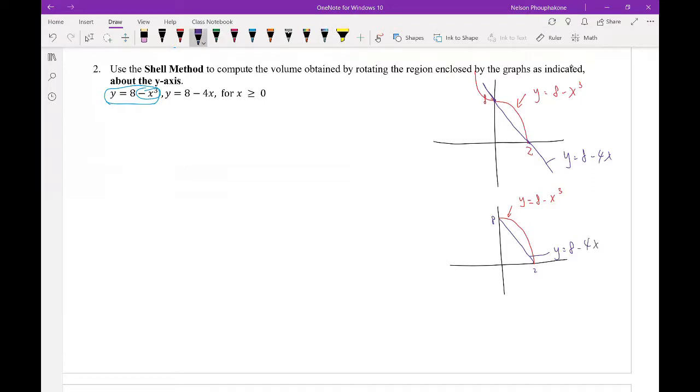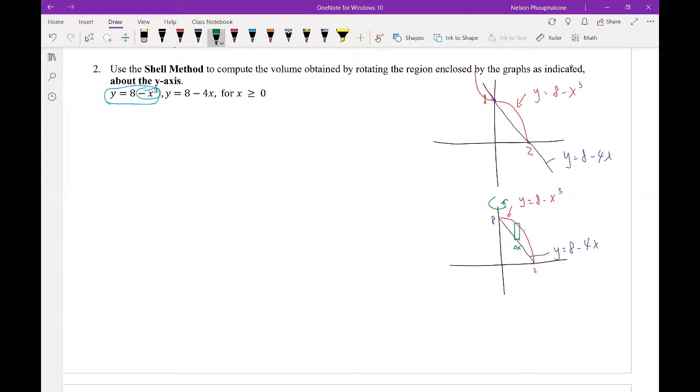And now what we want to do is rotate about the y-axis here. So you will see that the shell that we are going to make is like this. Again, we work with delta x right here, and this function is greater than this one.